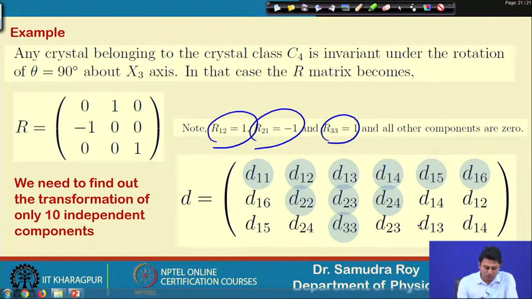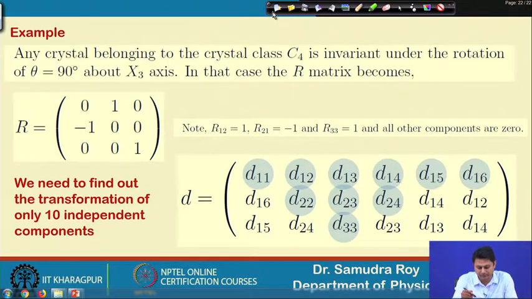Once we know them, after the rotation operation, the new matrix and the old matrix will be the same, so we will find a one-to-one correspondence between them and eventually the independent values. Let us see how we can do that.